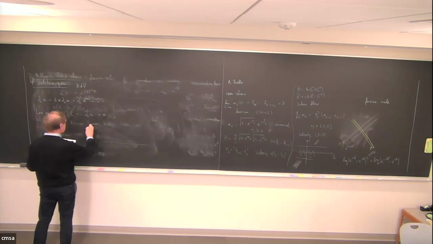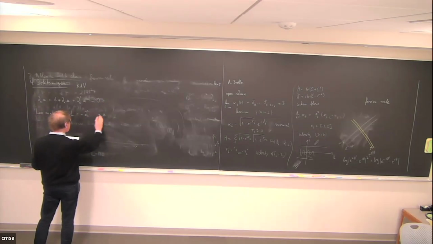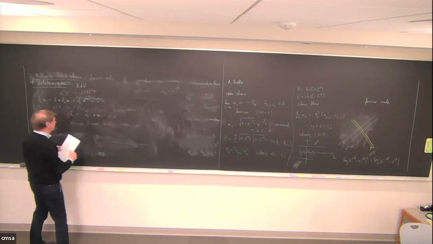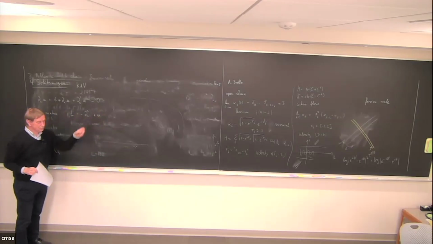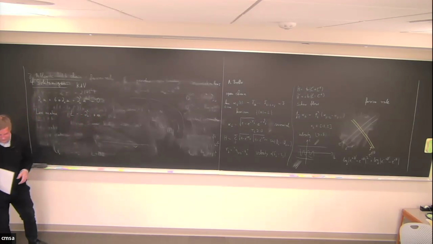Well, sorry, it's like this. Okay. This is the second derivative, that's a Laplacian, and this is the potential, right? And that's a linear operator now, right? Okay. All right.